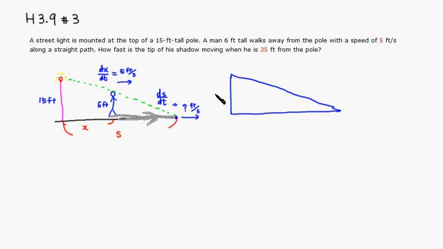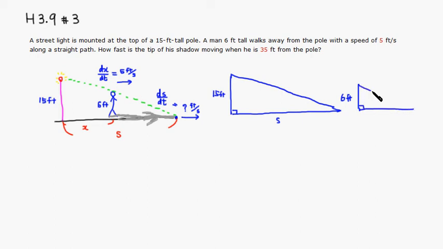That's 15, this is the right angle there, and this length is s. Then we look at the smaller right triangle, using the height of this person. That's going to be 6 feet.